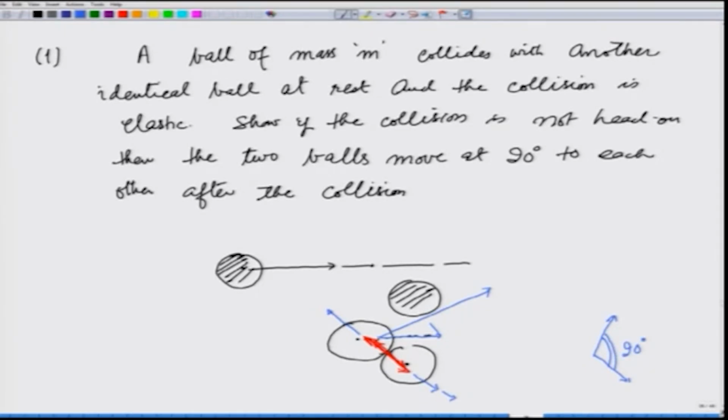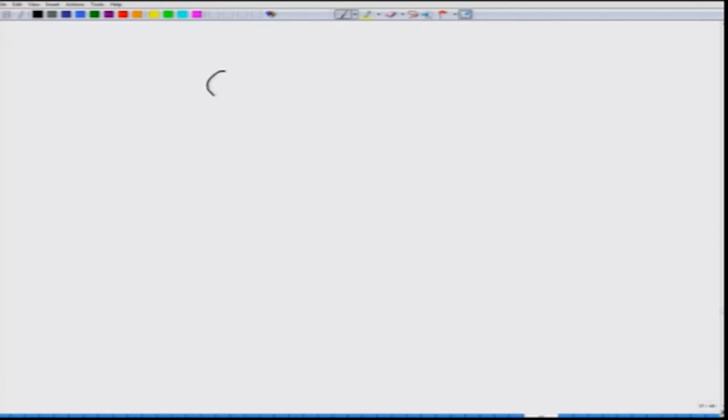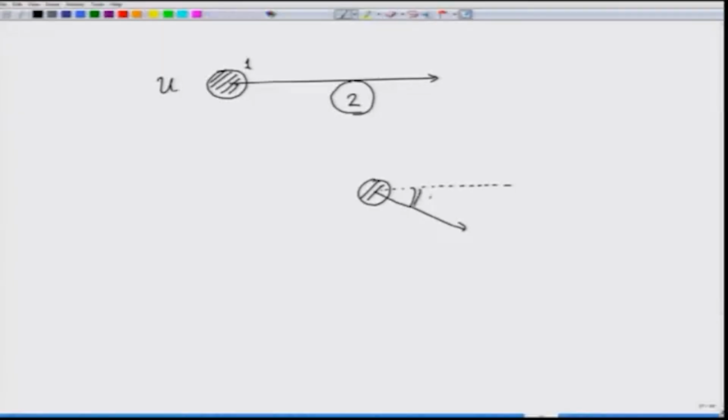This problem can be solved using the principle of conservation of momentum and principle of conservation of energy. So, what we are given is that this ball which was coming in, at some initial velocity, let us say u, collides with another ball which was offline. Let us call this ball 2 and this ball 1. Ball 2 starts moving at this angle, which we already decided is along the line of impulse, and let us call this angle theta 2.